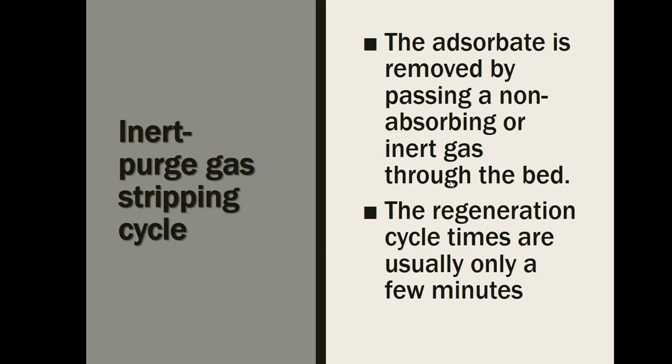It is passed through the bed, that way it can take with it the remaining adsorbate on your adsorbent. It's non-adsorbing, so meaning it is not going to be adsorbed in your adsorbent matrix. That's the inert purge gas stripping cycle.